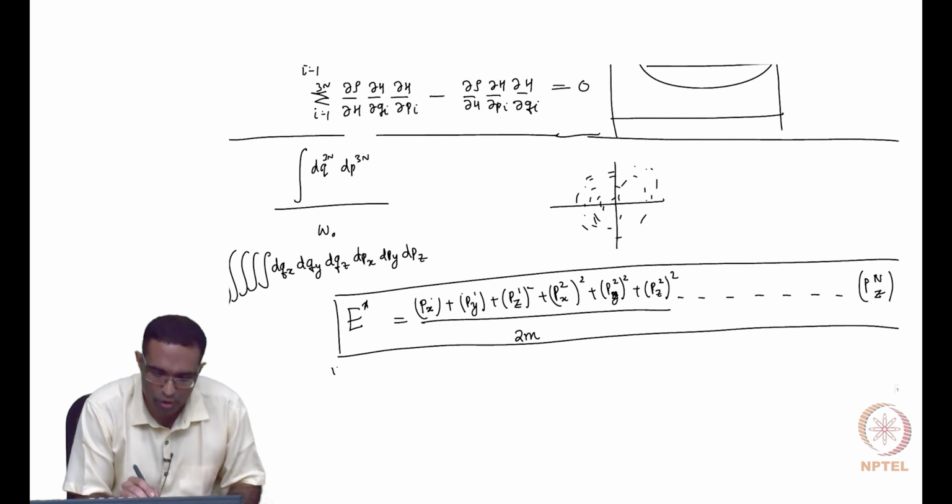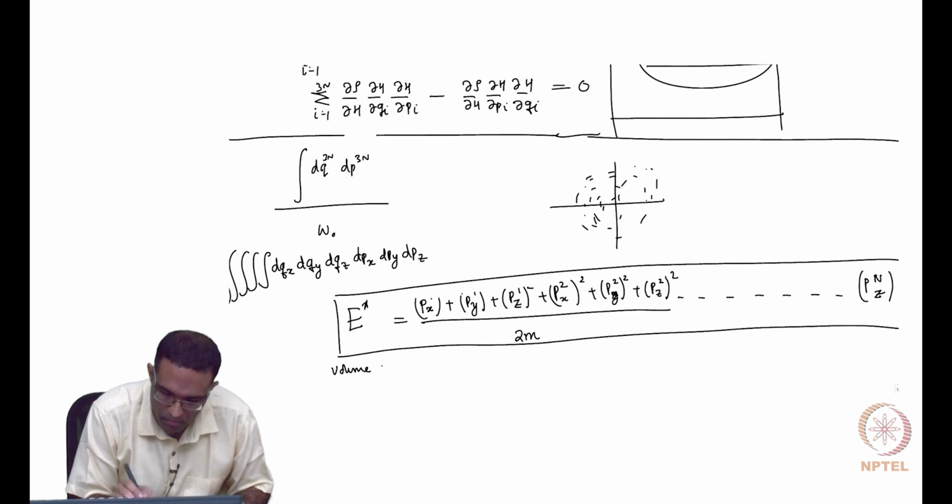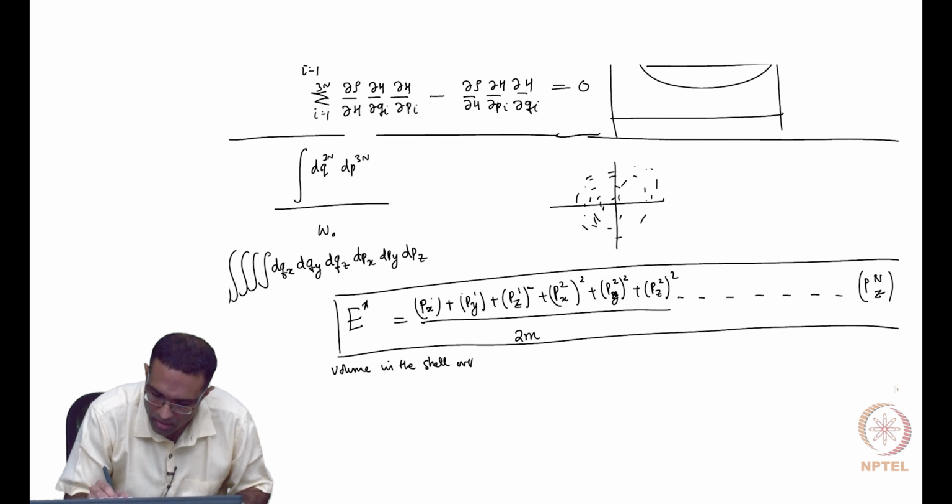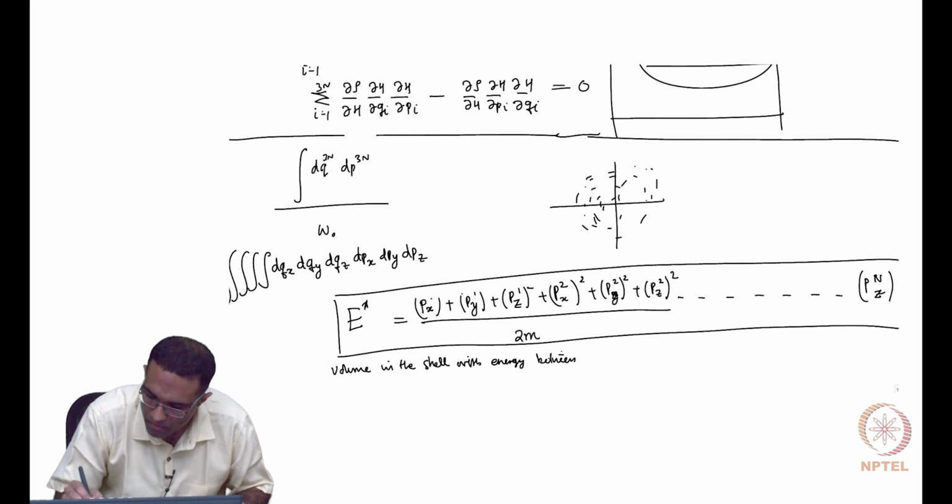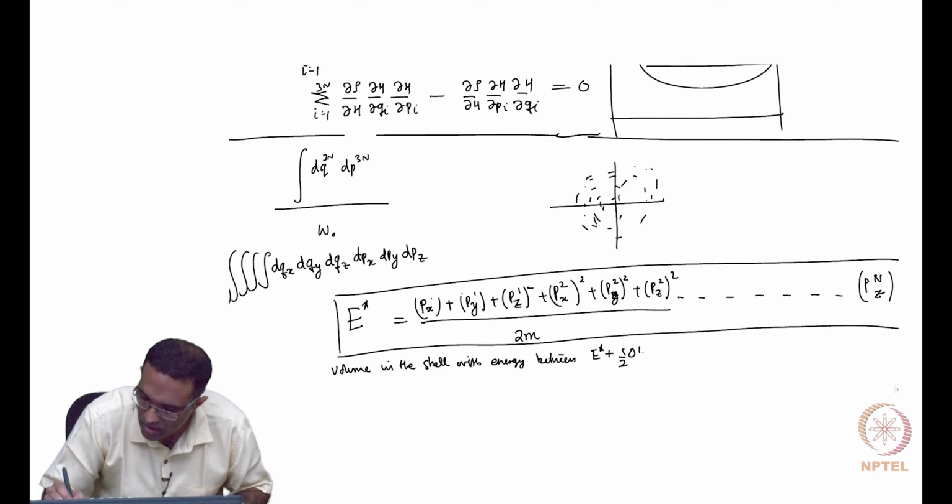to find out the volume in the shell with energy between E star plus half delta E star and E star minus half delta E star.